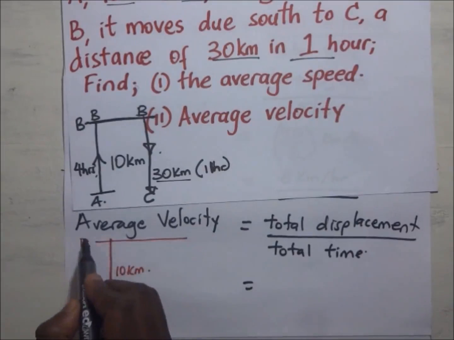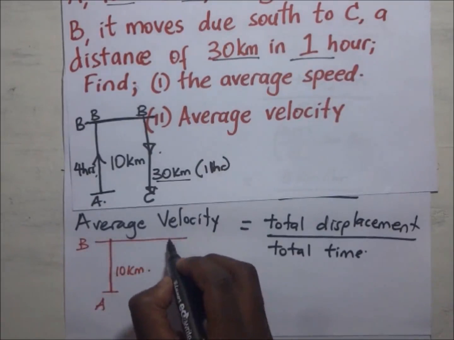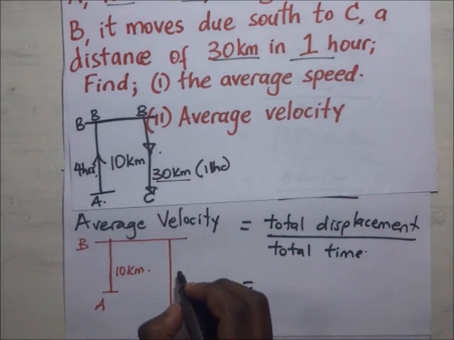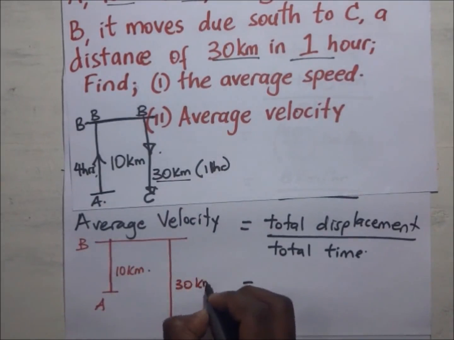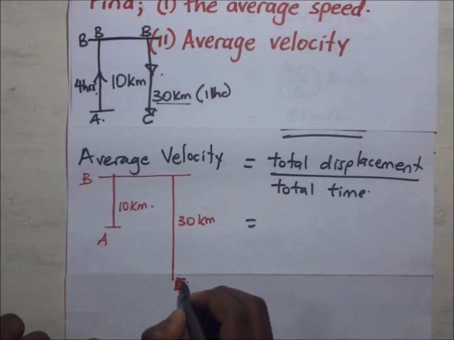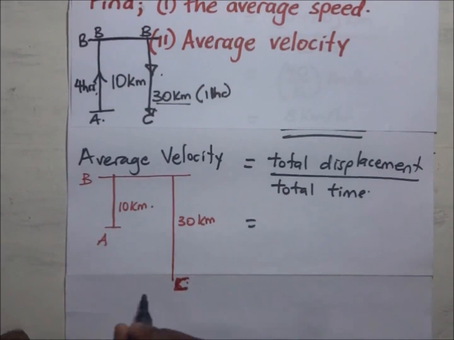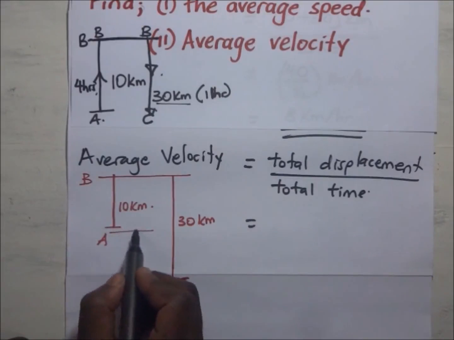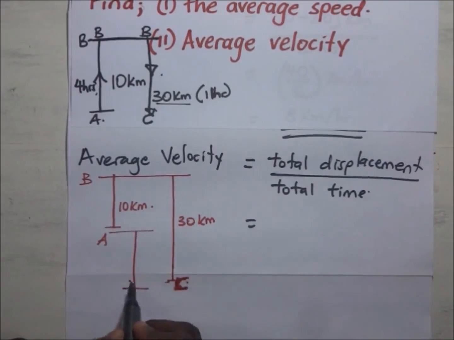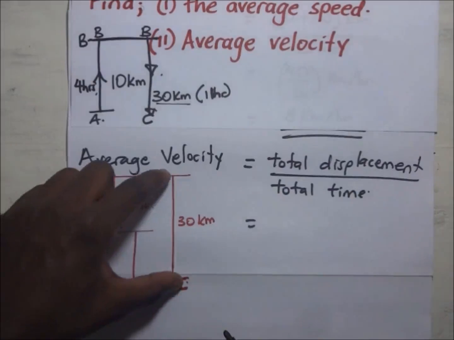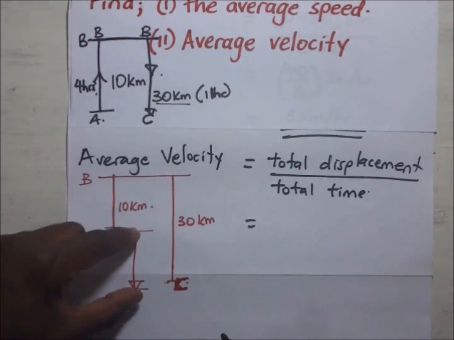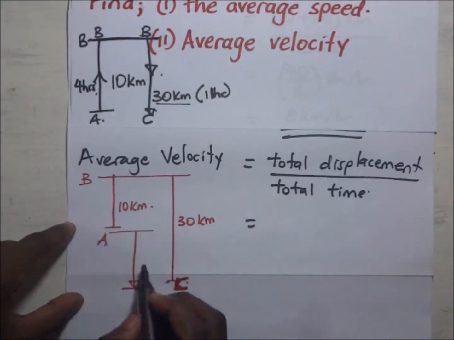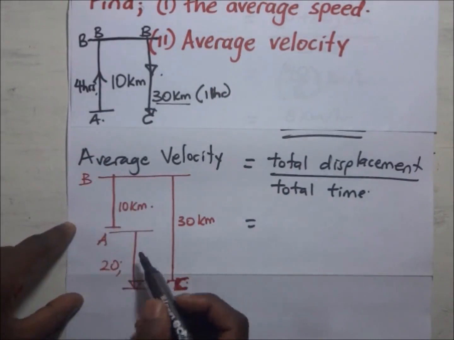Then when it reaches point B, it moves down another 30 kilometers down to point C. So the displacement from A to C is the specific distance covered in this specified direction. So for me to move from A to C, it's going to be 30 kilometers minus that 10 to get the remainder. So 30 minus 10 is definitely 20 kilometers.